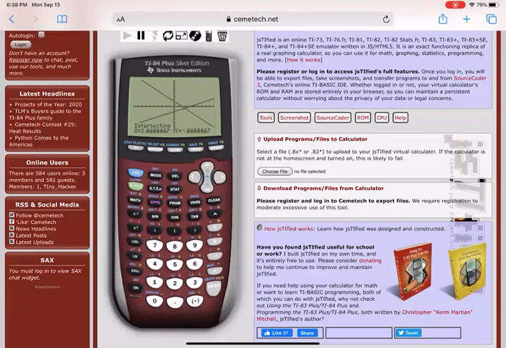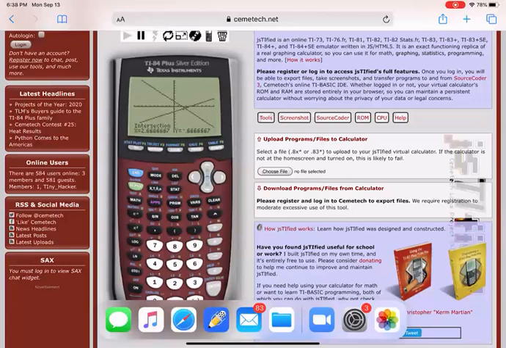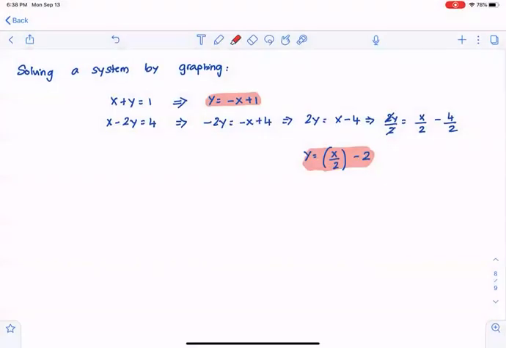It is 2.6667, and y is negative 0.6667. So those are the two values that we have. So the value of x is 2.67.